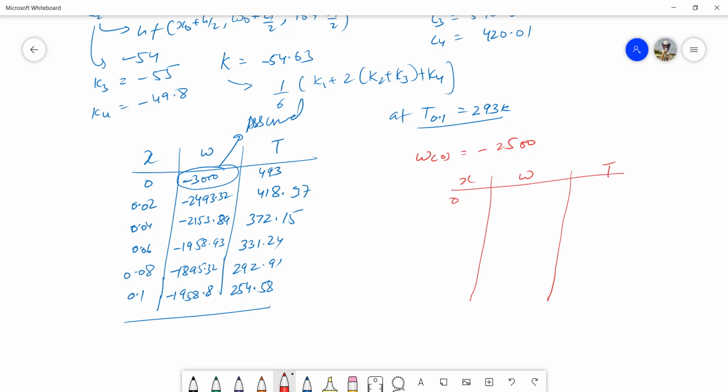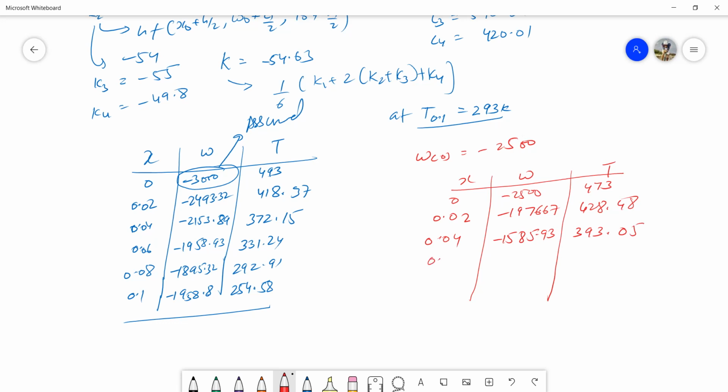So when it is 0, this is minus 2500 and the temperature was 473. When this is 0.02, this value comes out to be minus 9.67, and this is 428.48, and at 0.04 minus 1585.98, and this is 393.05. Basically all this becomes quite lengthy in calculation.